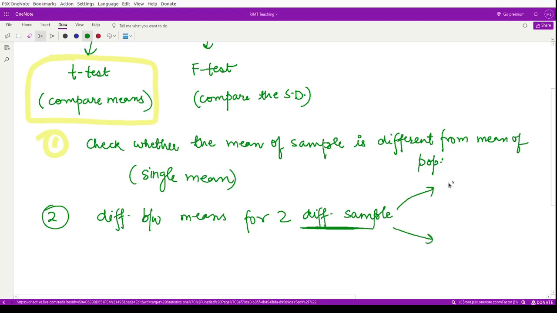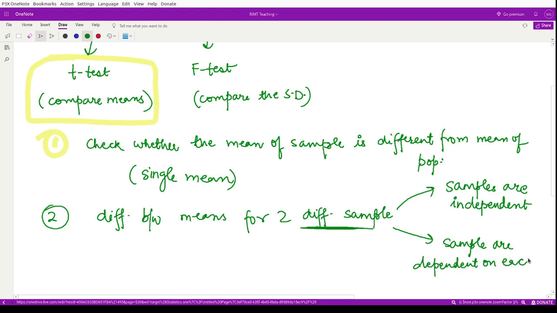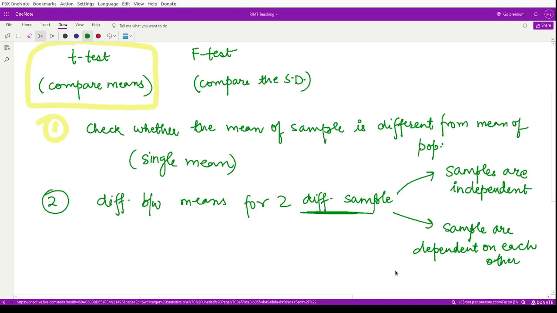One thing is that the two samples are independent of each other. And the second thing is that the samples are dependent on each other. So if the samples are dependent on each other, there we would use the paired t-test, right? So this is the basic overview.